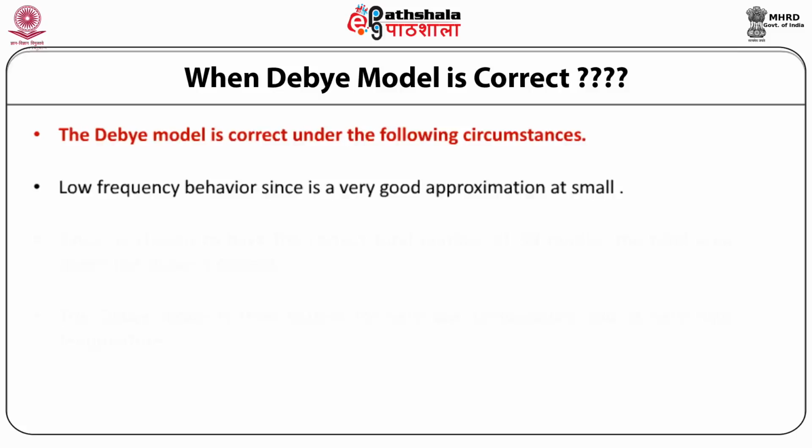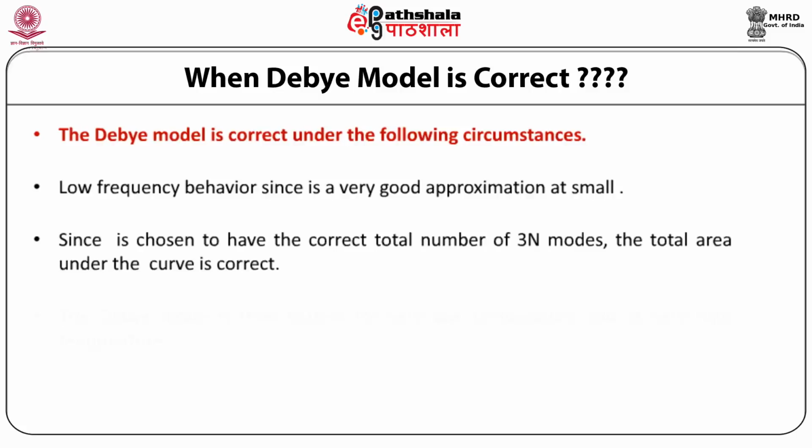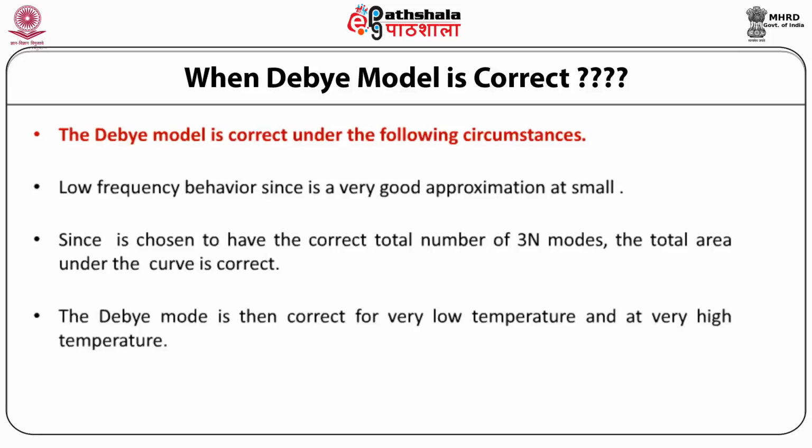And second, since kD is chosen to give the correct total number of 3N modes, the total area under the density of states g of omega curve is correct. So this means that the Debye model is correct for very low temperatures and at very high temperatures. In the intermediate range, the Van Hove singularities play a very important role. So the approximation that omega k lambda is equal to V times mod of k is correct only at the extreme ends.